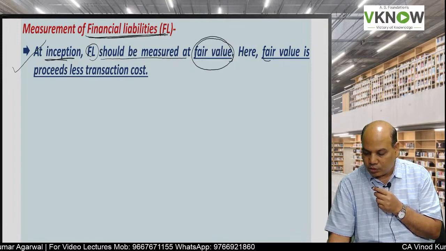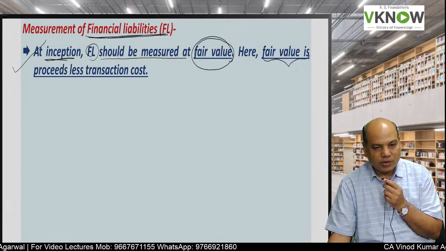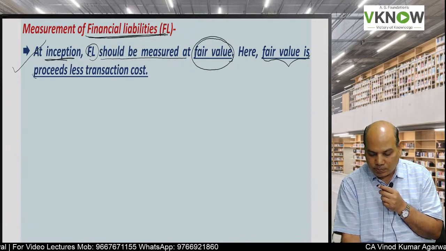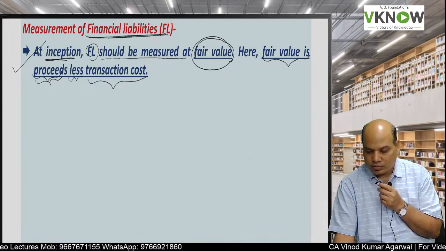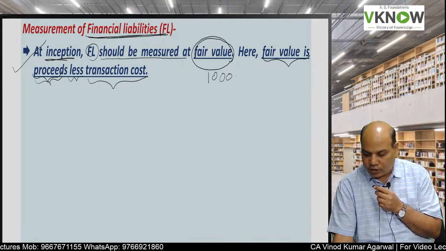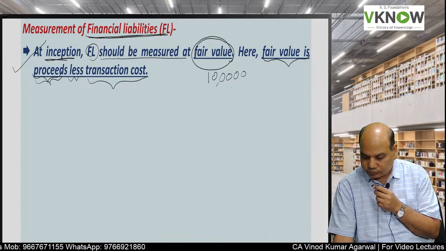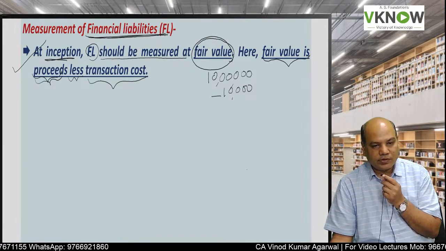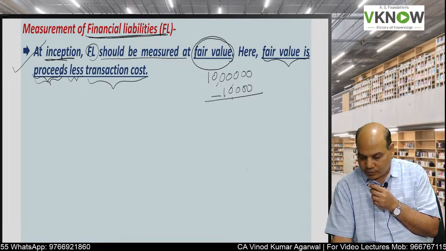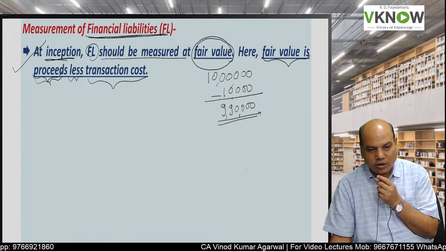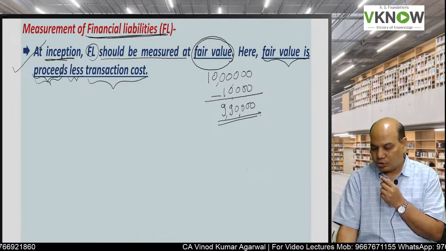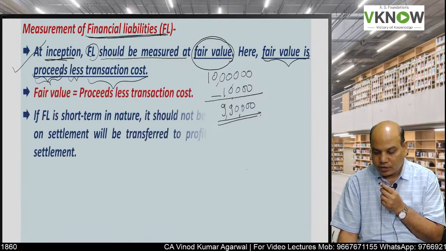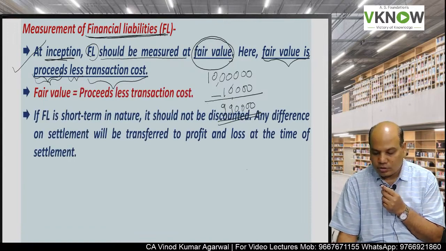Now what is fair value in the case of financial liability? Fair value means proceeds minus transaction cost. So for example, you have taken a loan of 10 lakh and 10,000 rupees was transaction cost, brokerage. So the fair value is 9,90,000. Fair value is proceeds minus transaction cost.